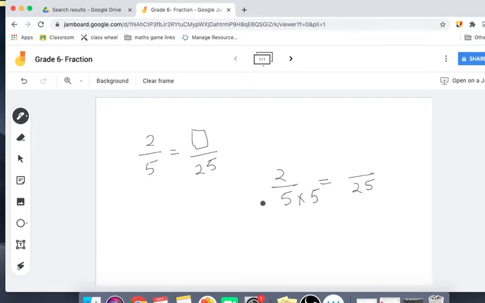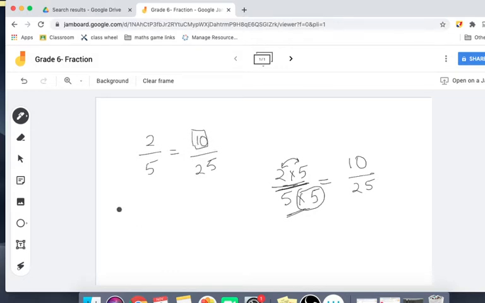As we discussed in the last session, whatever we multiply or divide in the numerator or denominator, we have to do the same with the other one. So if we multiply by 5 in the denominator, we have to multiply by 5 in the numerator too. When we multiply 5 and 2, we get 10 as the answer. So in this block you will get 10.